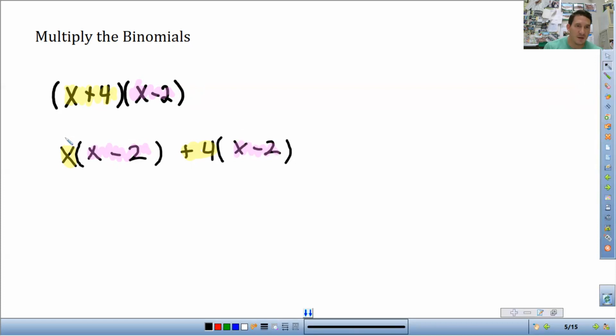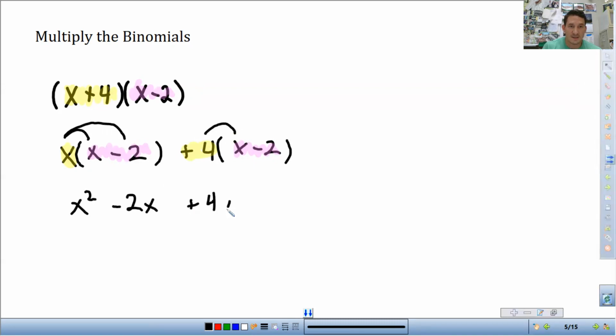So here it's going to be x times x is x squared. x times negative 2 is negative 2x. 4 times x is 4x. 4 times negative 2 is negative 8. Last thing, we have some like terms in the middle. So just keep a lookout for like terms.